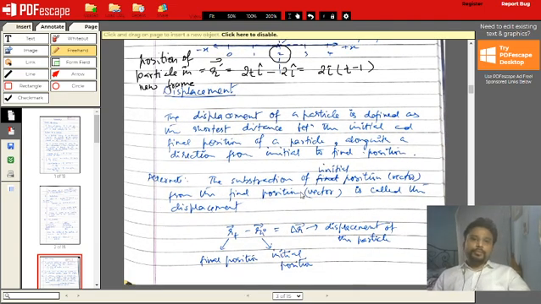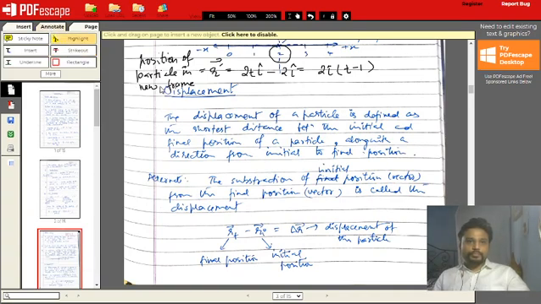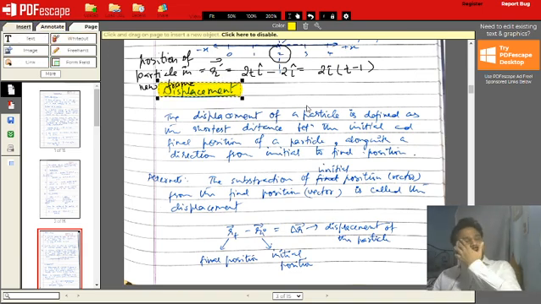Next we move on to the next idea, which is displacement. Displacement is something we study when the particle moves from one point to another, and it has a particular way of defining it.